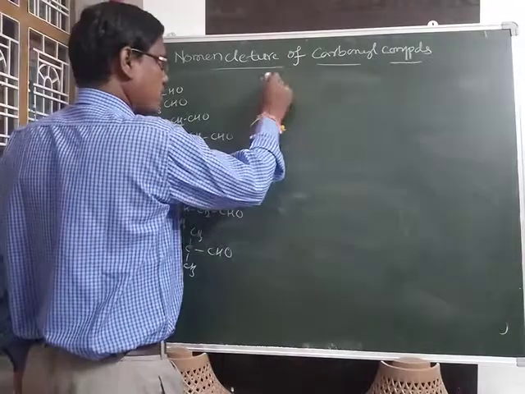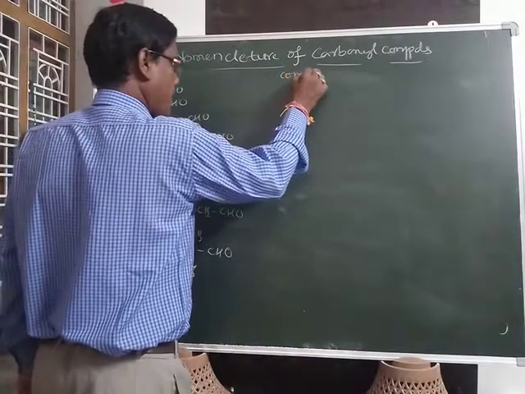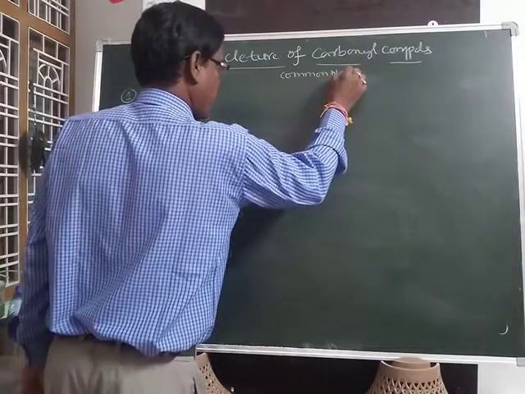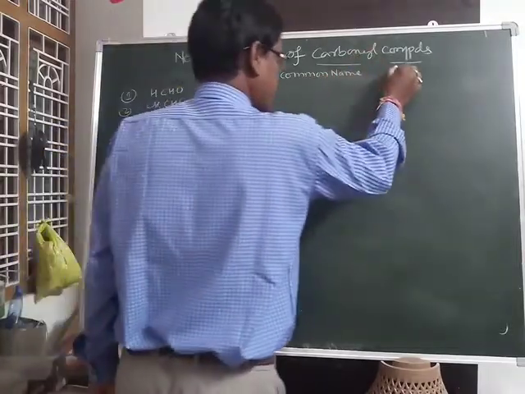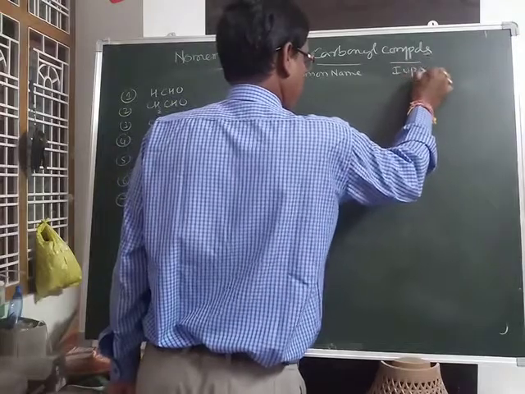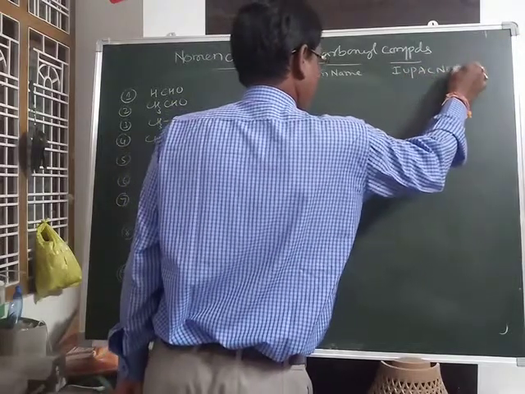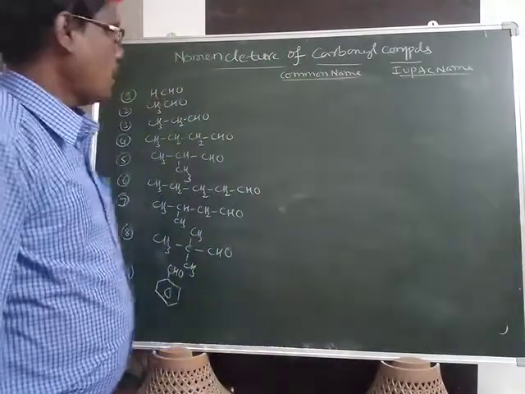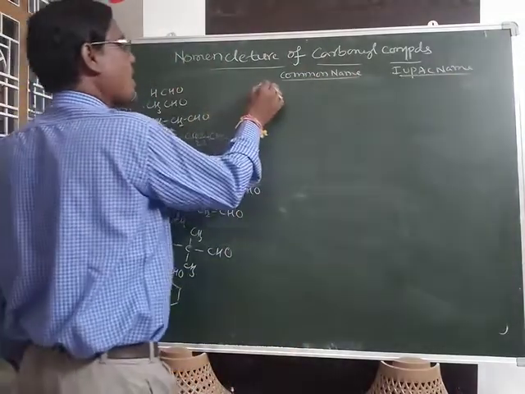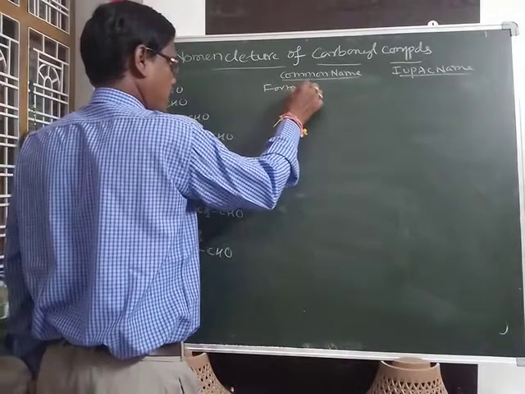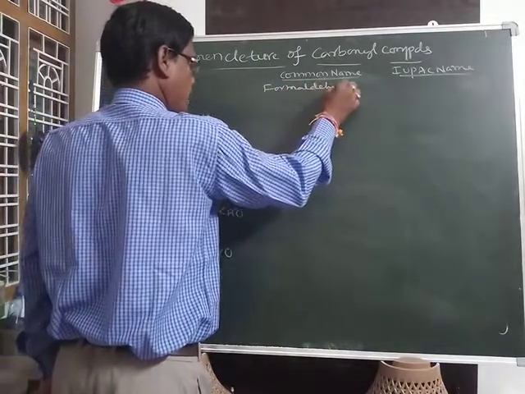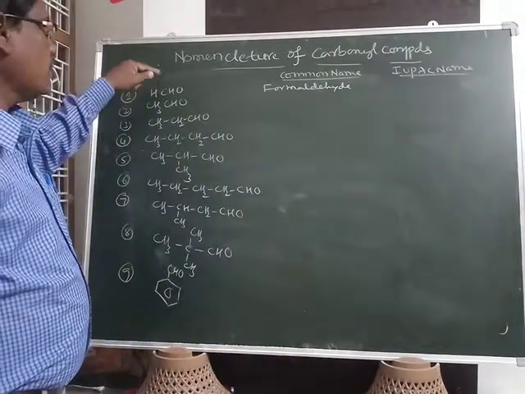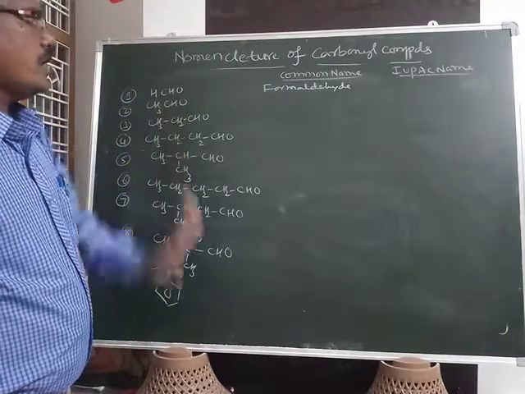Now I want to write the common name and IUPAC name. I already gave the common name of the first: formaldehyde, because it is derived from formic acid, with ic acid replaced by aldehyde.